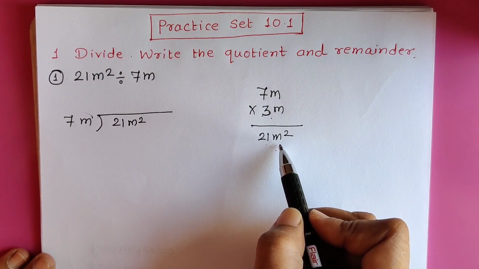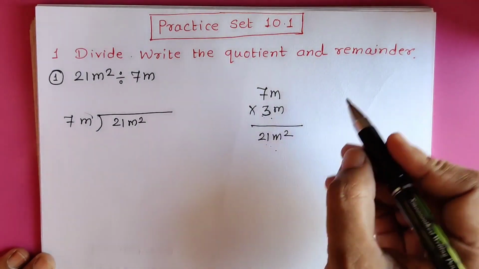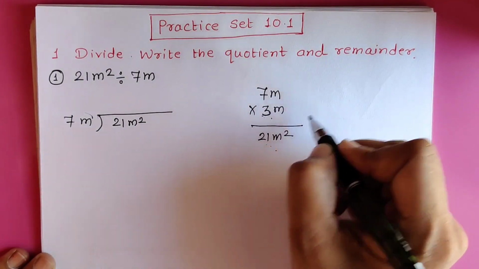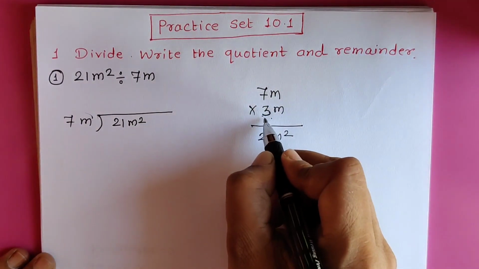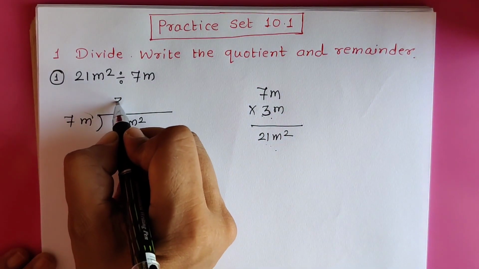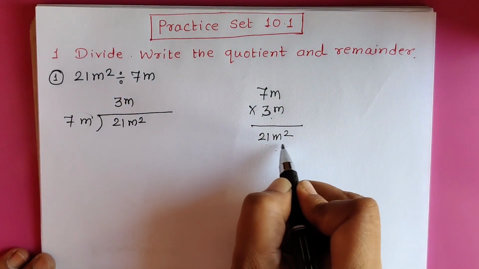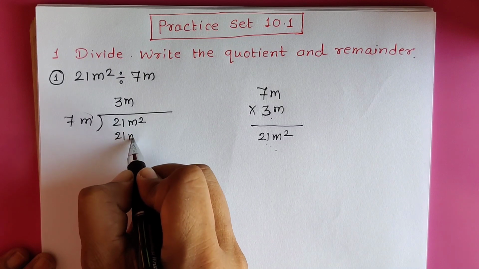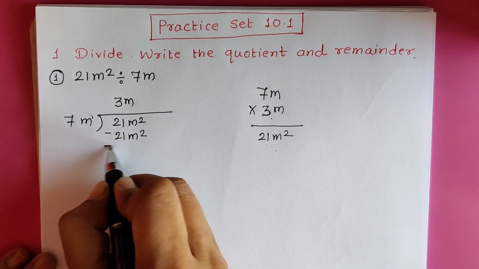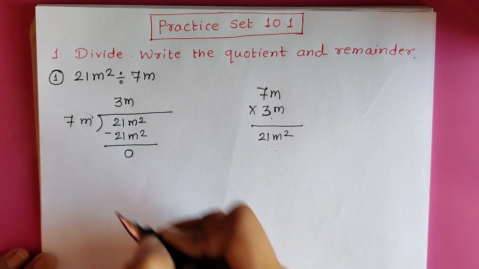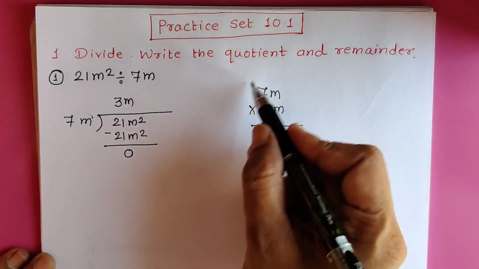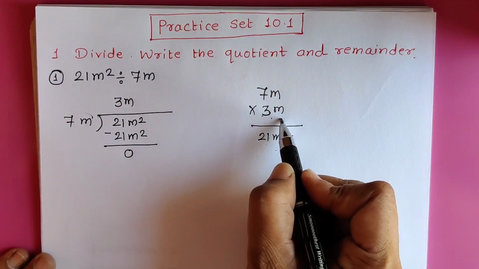In this way you can find out all. One more method for finding out the quotient is, first we write this 3m in the quotient, this 21m square in the dividend, we do subtraction and we get the remainder as 0. This is one method by which you can find out this quotient.